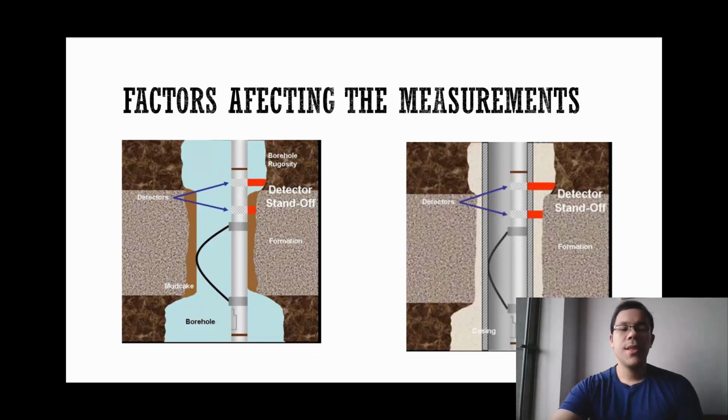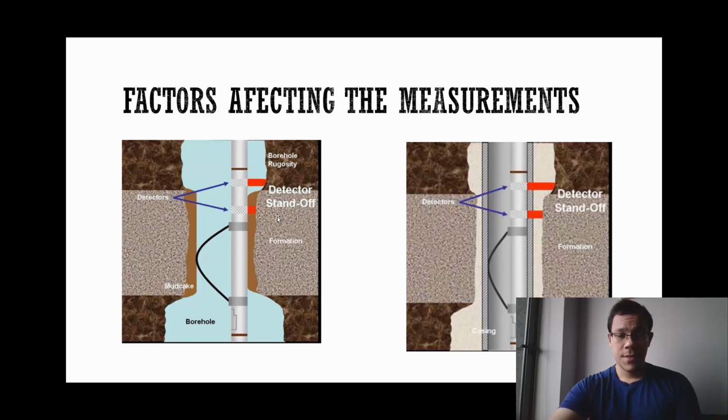Now, considering the factors affecting the measurements, here we have an example of a neutron tool, one in open hole, one in cased hole. Here you can see the bow spring centralizer that we were discussing, and this is the reason for using that decentralizer. We want to compensate for the detector standoff.